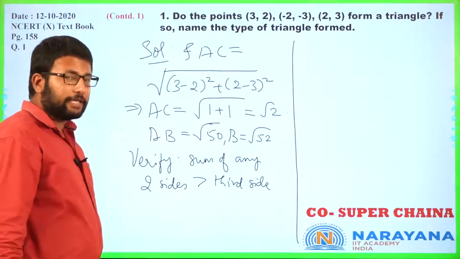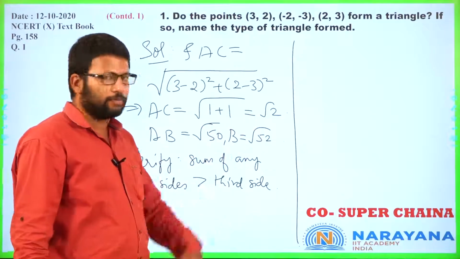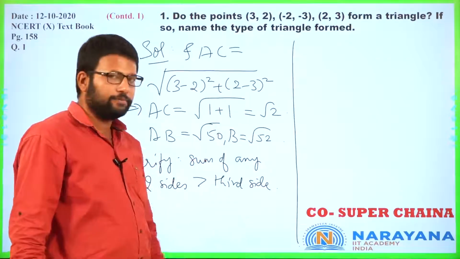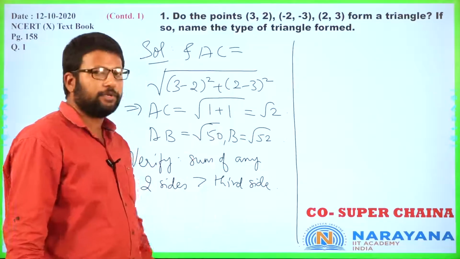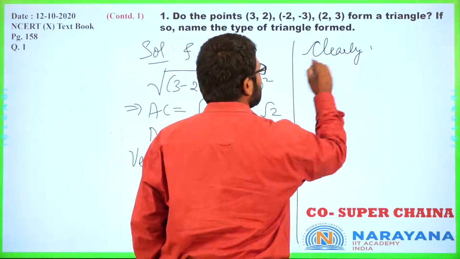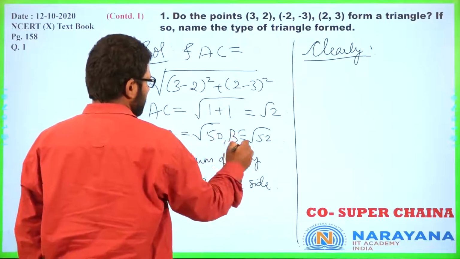What is more interesting here is that if this is root 2, this is root 50 and this is root 52, clearly somehow these numbers are adding up, 50 plus 2 is 52, but there are square roots. So we will make this observation clearly. What is that observation? This is BC.